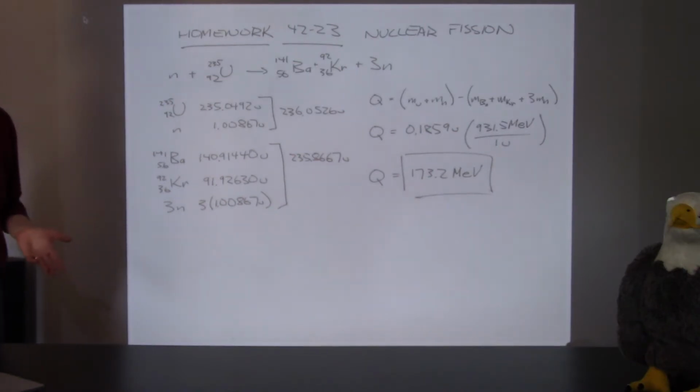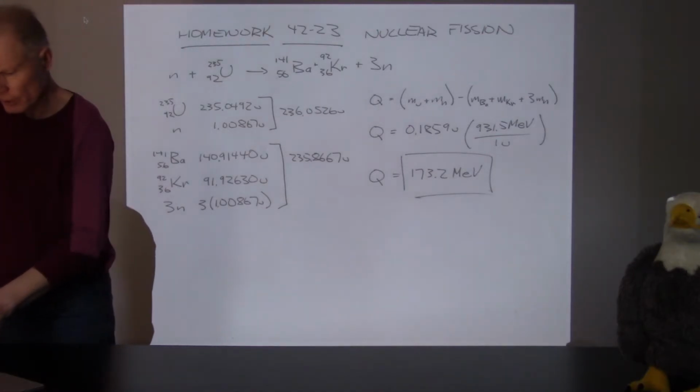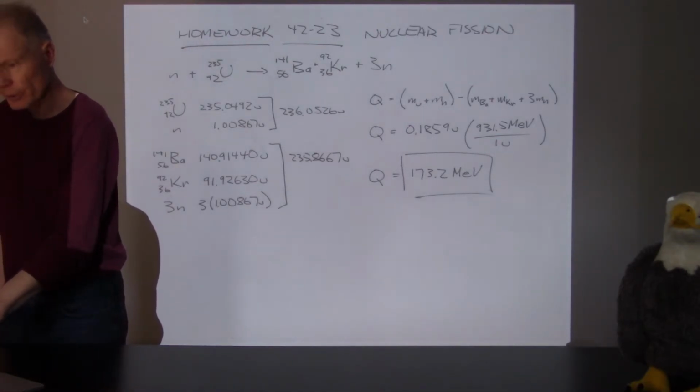That's a huge amount of energy. And I think that's it. I think on this one they just asked us to go in and find out what the Q value was for this, and then to kind of be astonished at just how much energy that really is.